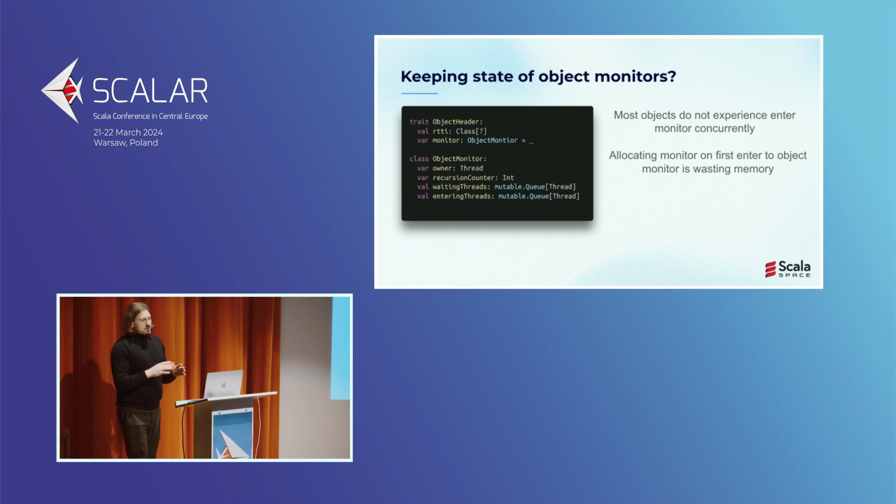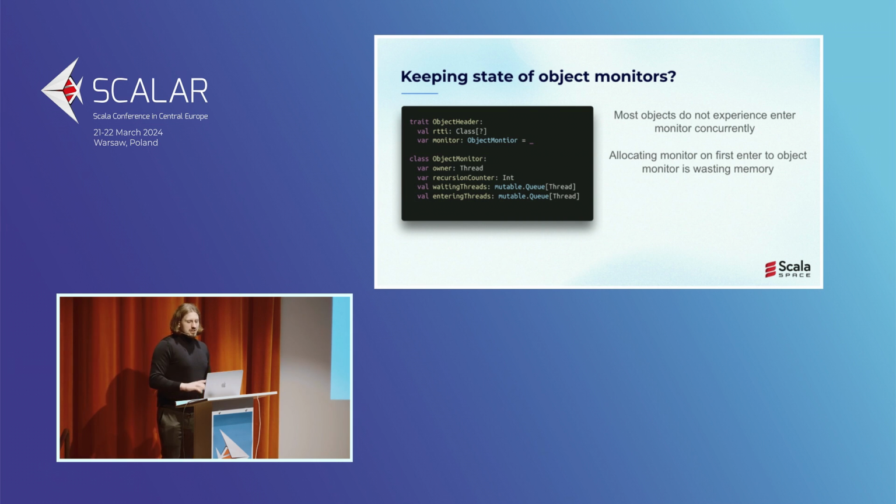This might include information about the owner, maybe a recursion counter, because we can get nested entries to the object monitor and need to track them, but also other information required to implement wait and notify instructions.